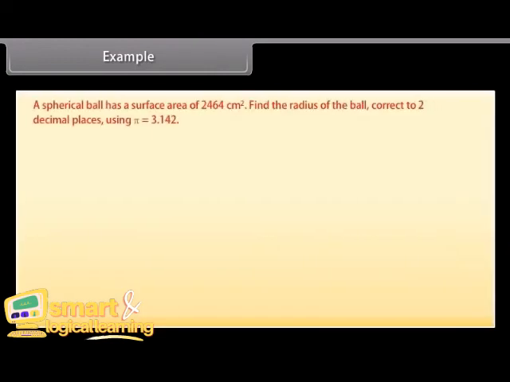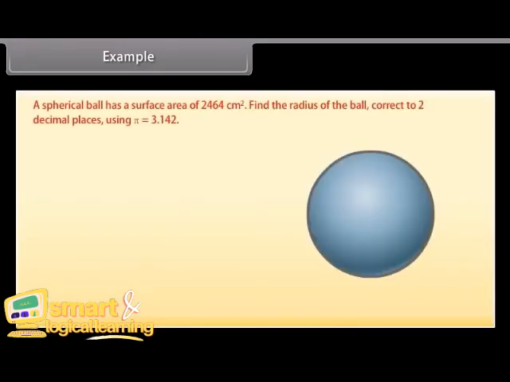Example: a spherical ball has a surface area of 2464 centimeters square. Find the radius of the ball, correct to two decimal places, using pi as 3.142. Solution: we know that surface area of sphere is equal to 4 into pi into r square. In order to find r, we need to isolate it from the equation above.